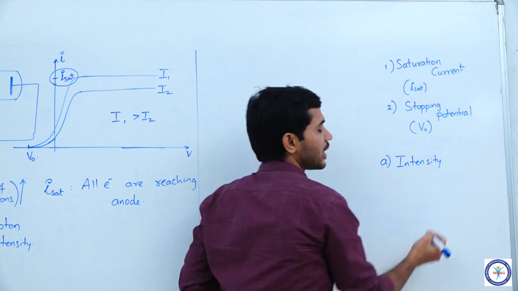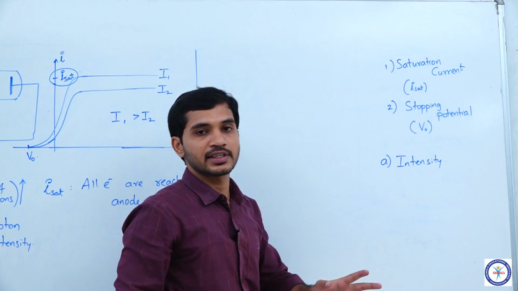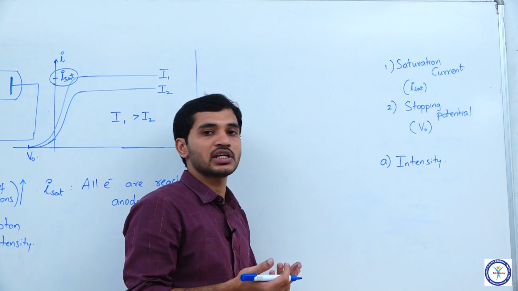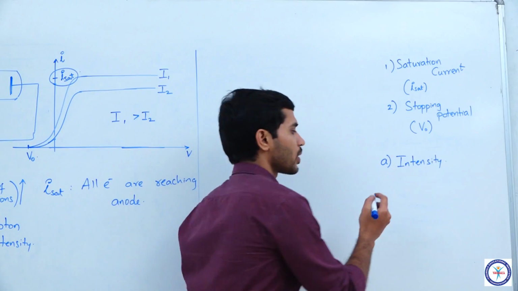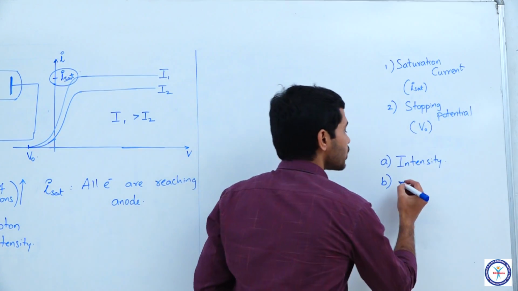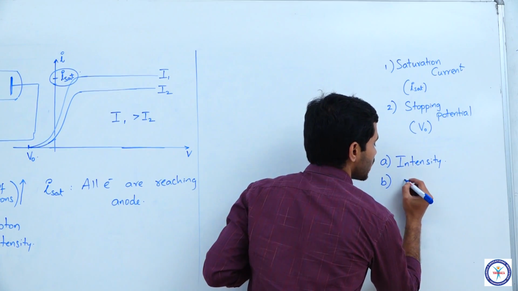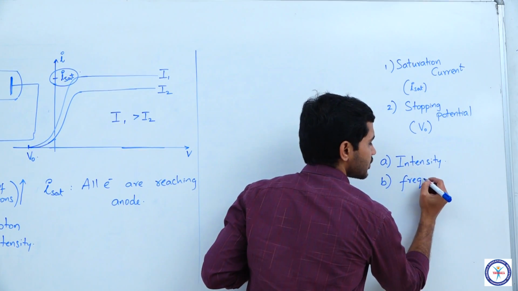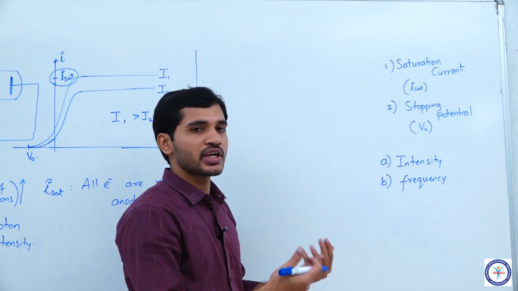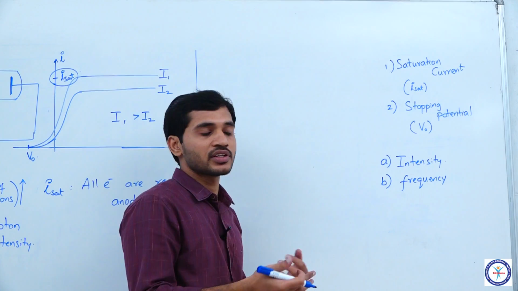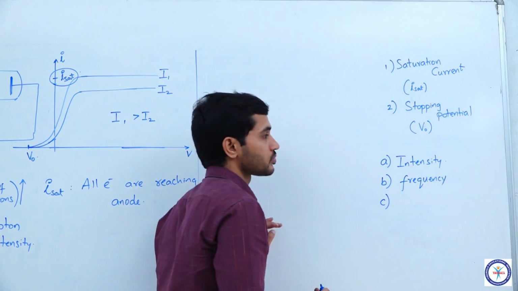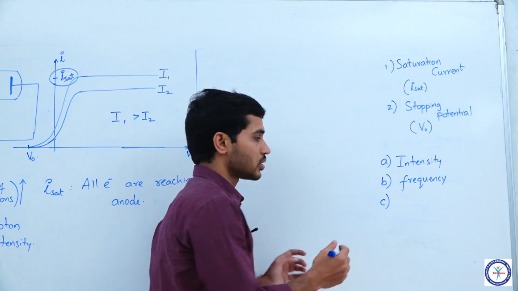And once again, keep in mind, by intensity I mean photon intensity, the number of photons striking per unit area per unit time. Okay. Next, which we were controlling is the frequency or wavelength, you can say, of incident light. I can change the frequency of incident light or the wavelength of incident light. And the next thing which we were controlling was the work function.